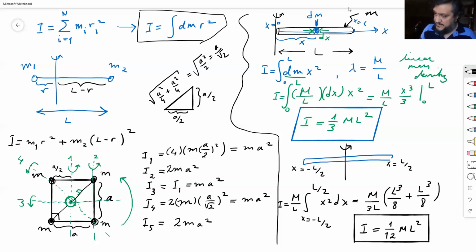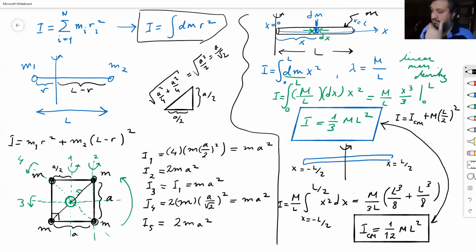If you remember the parallel axis theorem from the previous video, and recognize the second one here as the center of mass moment of inertia, applying the parallel axis theorem, this I from the edge will be equal to I center of mass plus the mass of the rod times L over 2 squared, because that's the distance between the two axes.